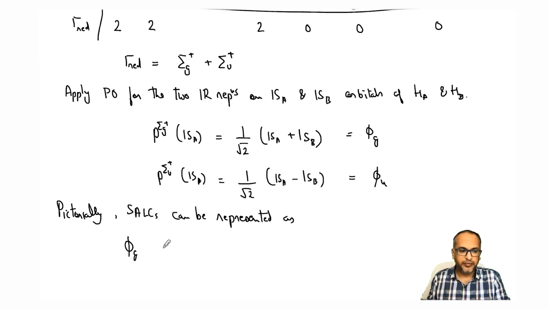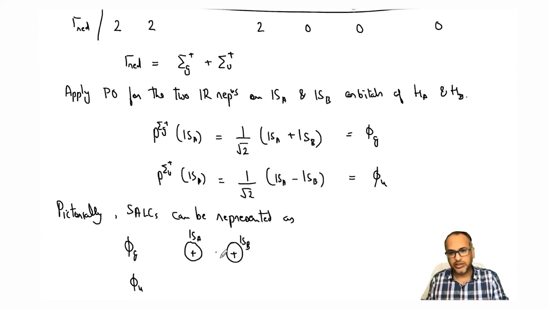You have φg, which is plus, this is 1sA combined with plus of 1sB. So the same phase of the two orbitals are combining to give you φg. Whereas opposite phase, which is represented as plus and minus, this has nothing to do with electronic charge. This is just the phase of the wave function, with a negative phase. This is again 1sA and 1sB.